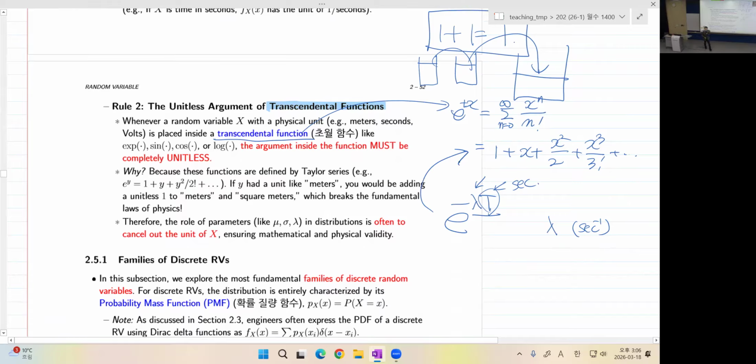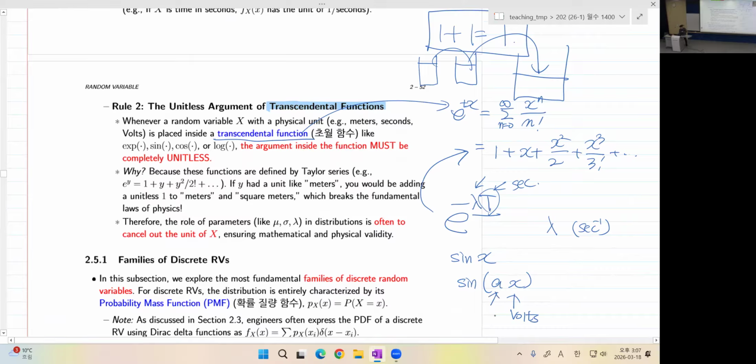And sine and cosine functions too. You know that sine and cosine functions have very nice uniformly convergent Taylor series. And you cannot have any unit for the sine x. X cannot have some unit volt. What if you have sine a x and x has unit of volts?